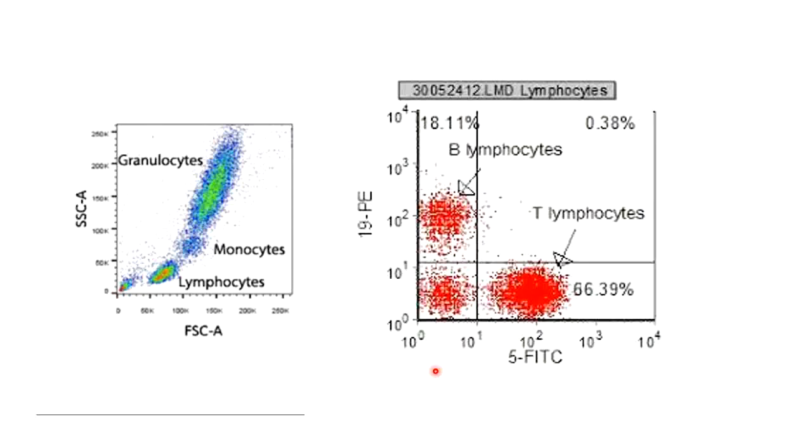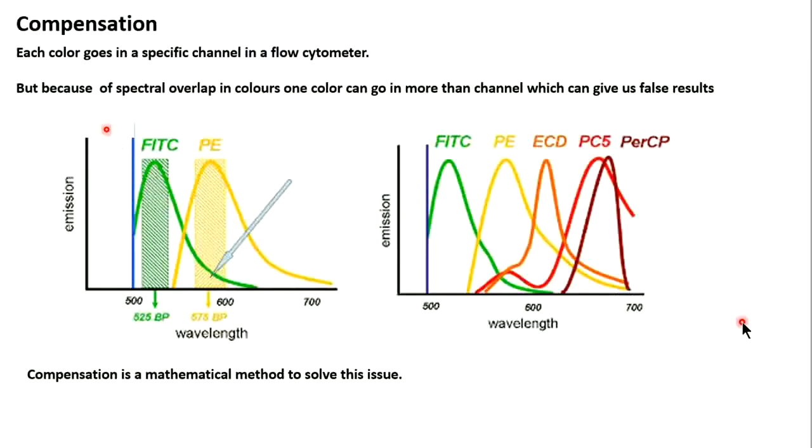And this spectral overlapping problem can be solved by a method which is called compensation. So you can see here, if I am using these 2 colors, FITC and PE, this is the emission peak, this is the emission peak, but you can see that here you are having what? Overlap. So FITC is trying to enter into the spectrum of PE.